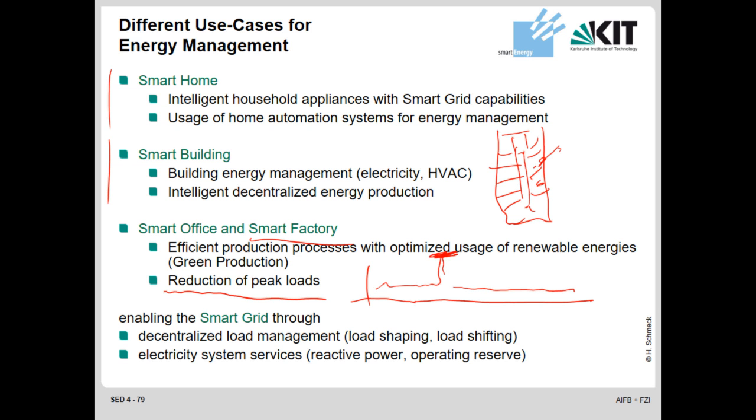This is the standard tariff for industrial scenarios: it is a peak-oriented, power-oriented tariff. So it is very important to reduce the peaks, to make sure that you have a very low power profile. Get rid of those peaks.